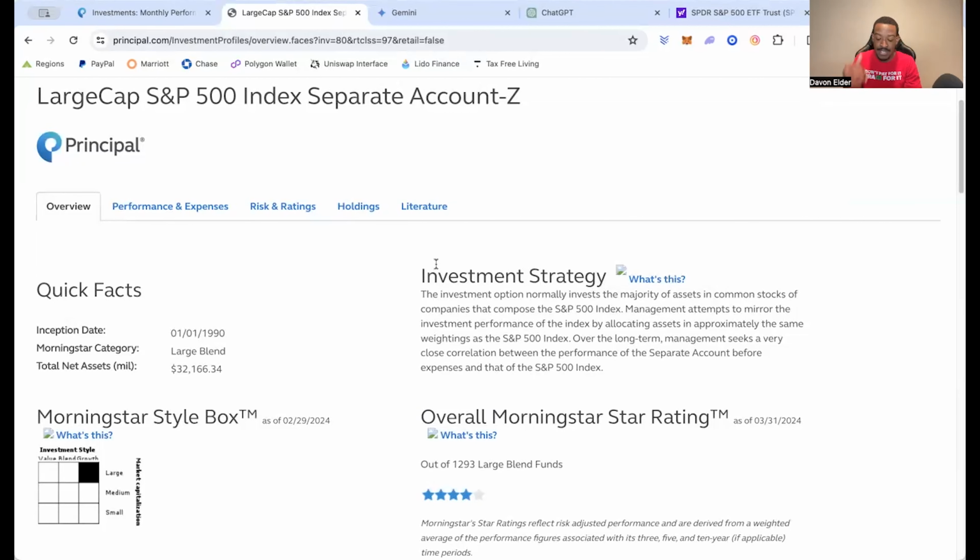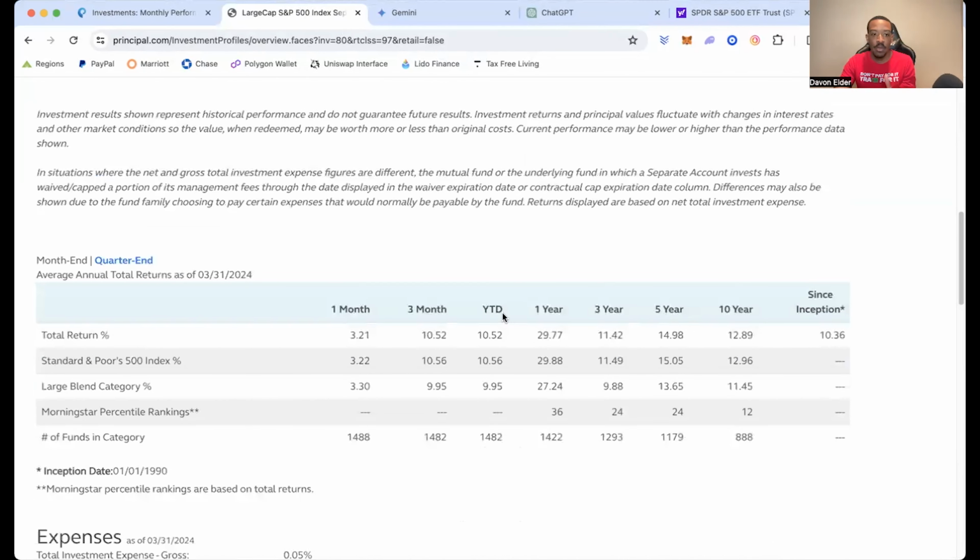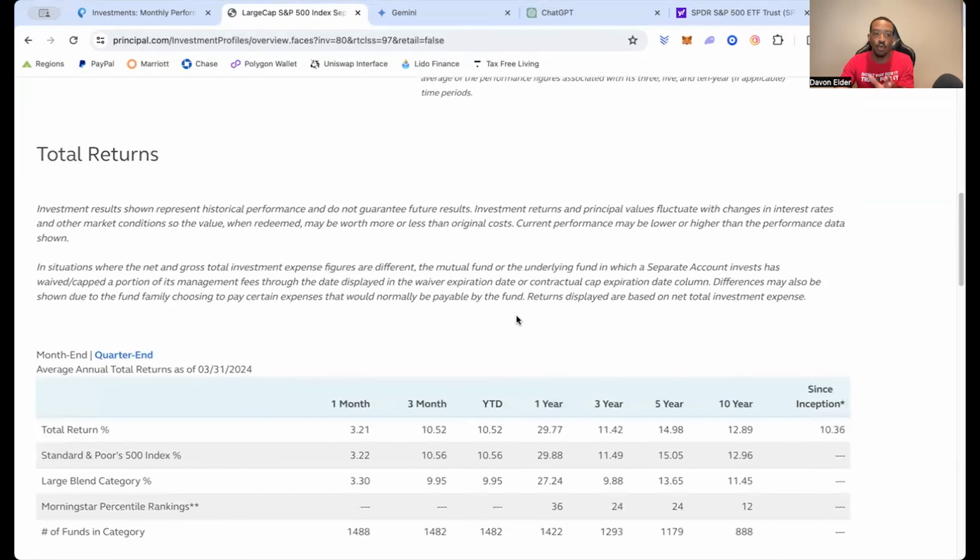When someone says the market is up or down on a given day, they are referring to the S&P 500. The S&P 500 is made up of the 500 largest companies in the United States stock market, which is the best stock market on earth. Now, this is something I want you to understand. Think about the total returns.